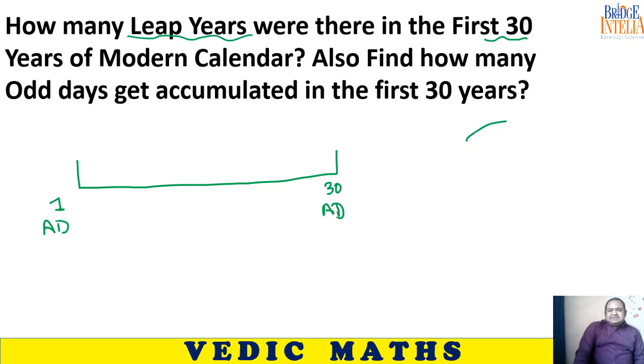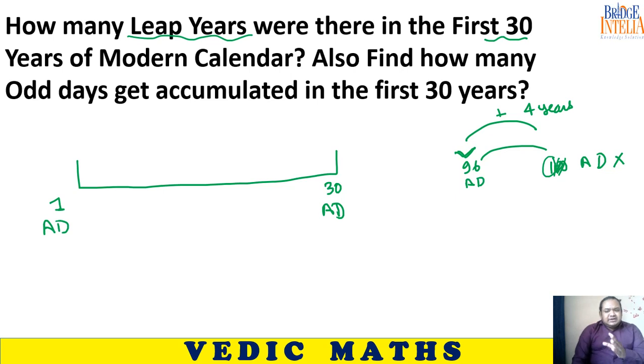A leap year generally occurs after every 4 years, but you have to be careful. 100 AD is not a leap year. 96 AD is a leap year. After 4 years comes 100 AD, but we cannot consider 100 AD to be leap because the last two digits are 0 and 1 is not divisible by 4. So you have to be careful with such kinds of dates.